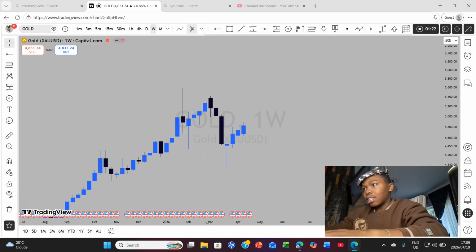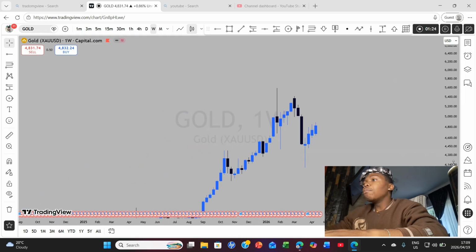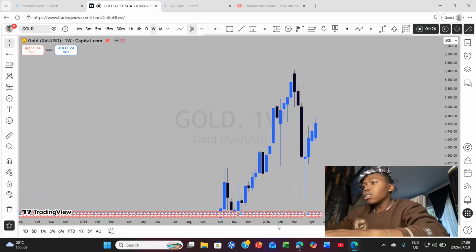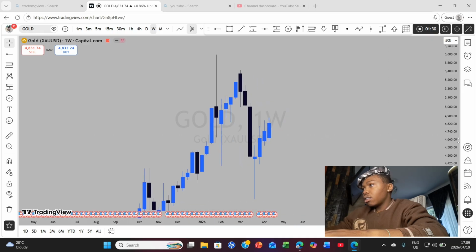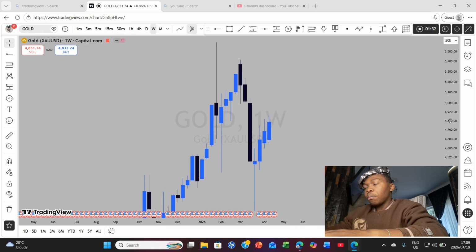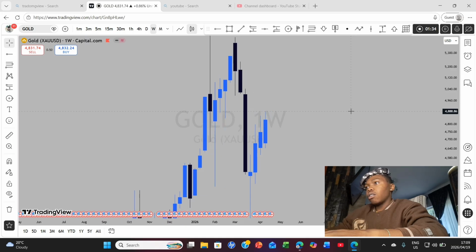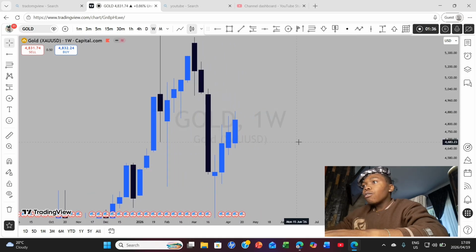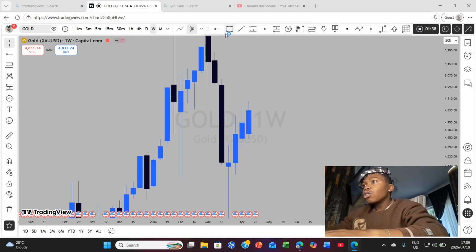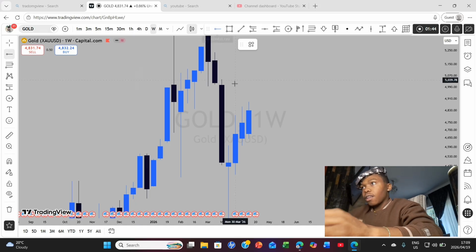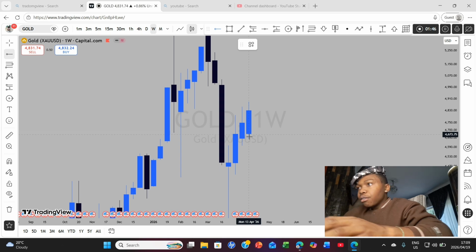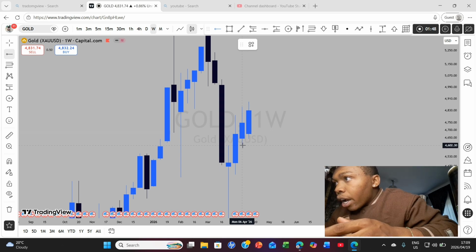This is the blueprint of trading gold. And shout out to my brother Pluto for showing us the power of Fibonacci retracement. Shout out to Pluto. So we mark the previous week's low and high.